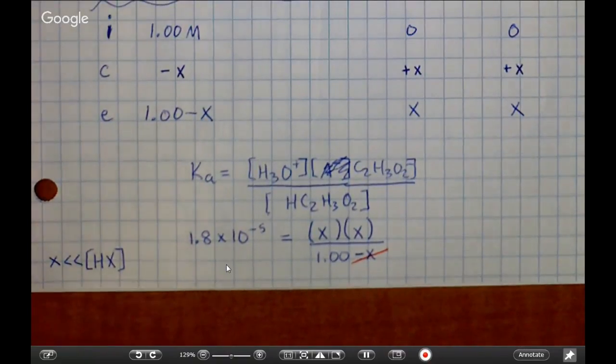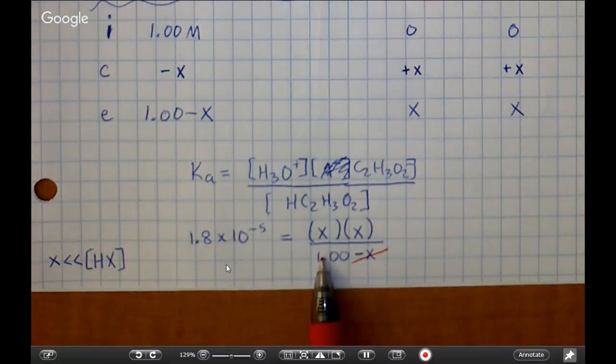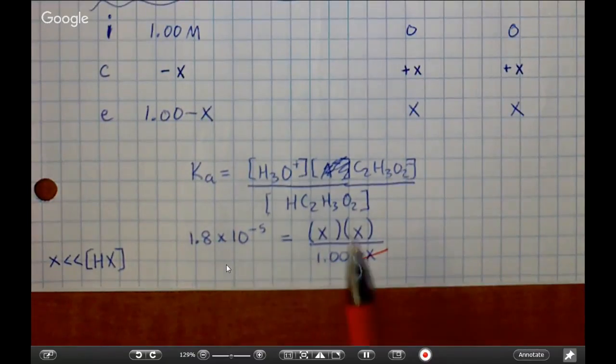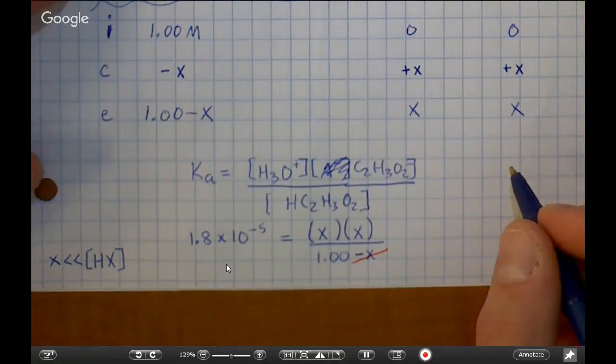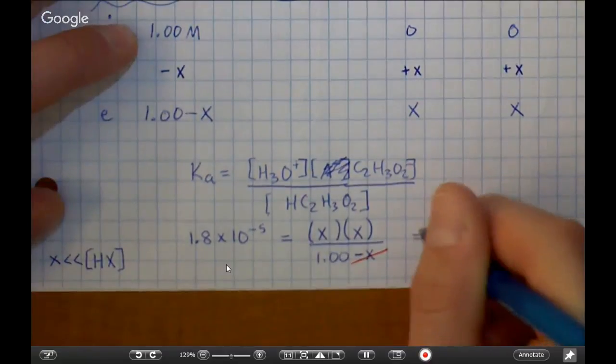Okay. So all I'm saying is if X is much less than this concentration here, 1, which it is, I'm telling you it is, you have to believe me, then we can just cross it out and say the difference is going to be fairly insignificant. So you are going to give us the little scientific notations bit? Yes. Okay. So we can rewrite this here.